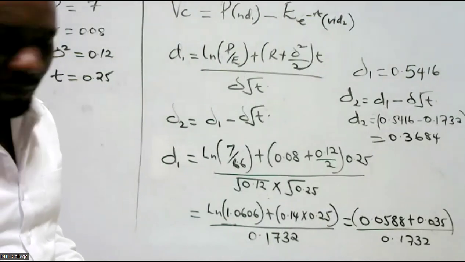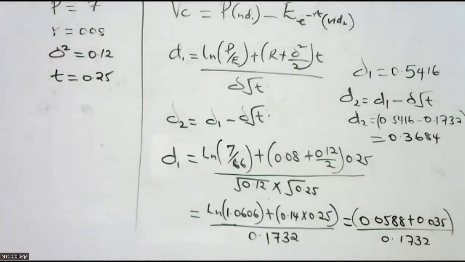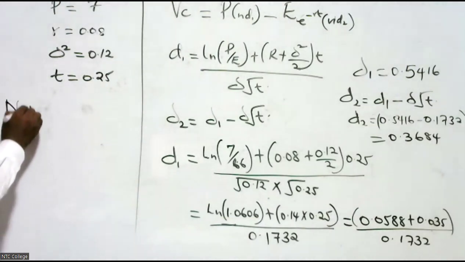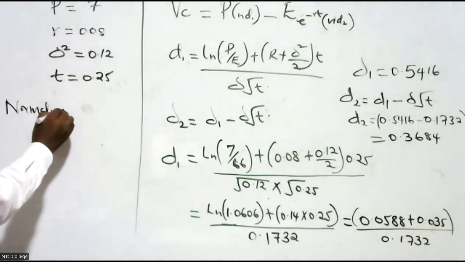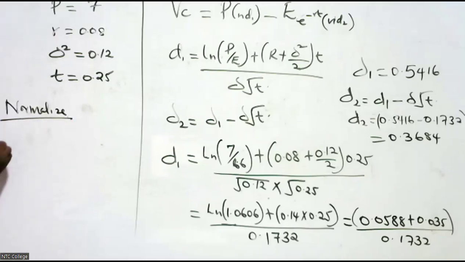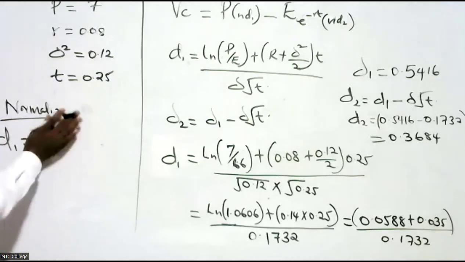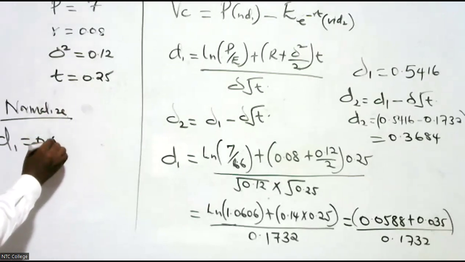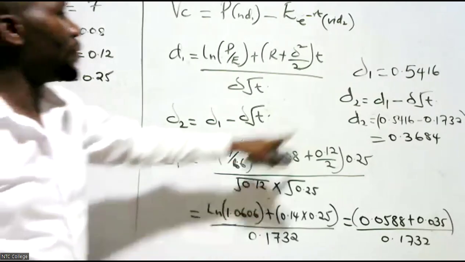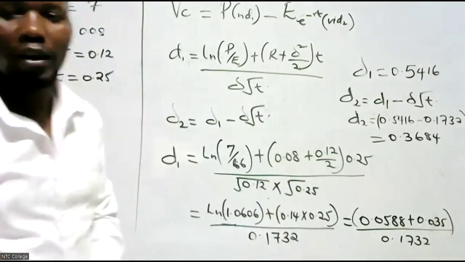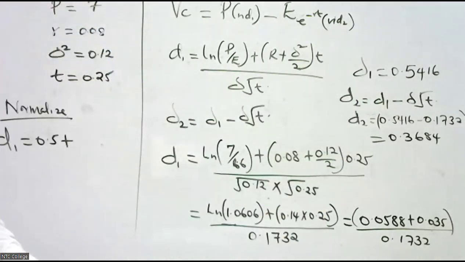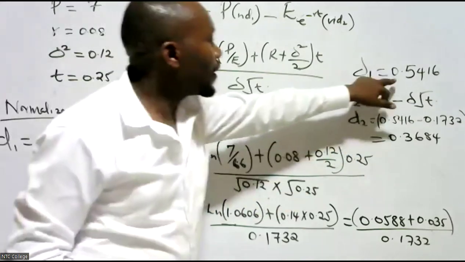Now, these are now the figures that we have. Tuko pamoja? So can we normalize? So you can now normalize the figures. So the one, we shall have 0.5 plus. Why? We don't minus because the figures are positive. So we have plus. But you don't take it the way it is.